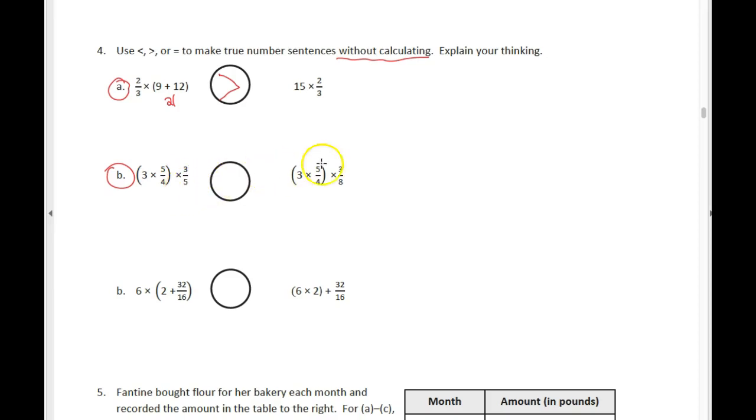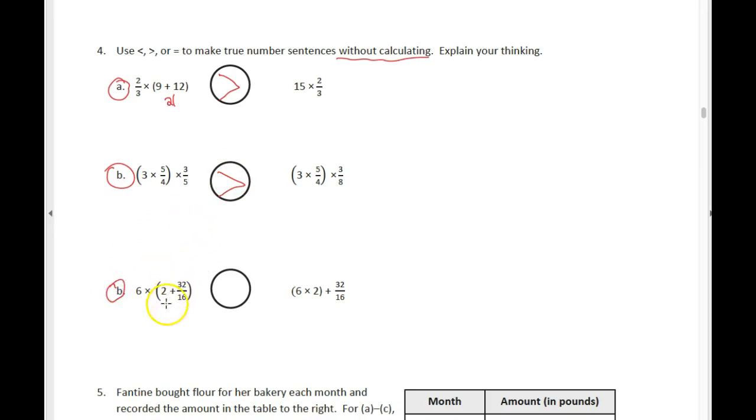Because it's more than half of it. So here's my mistake. I was thinking, oh, 8 is a bigger denominator. Yeah, that means it's smaller because 3 is less than half of 8. So if you multiply it by this fraction, it means they're coming into smaller parts and pieces than on this side. Let's go ahead and real quick, we'll take a look at this one too while we're here.